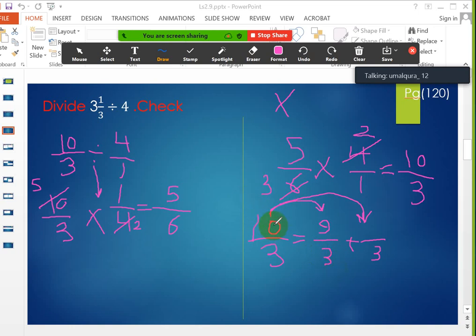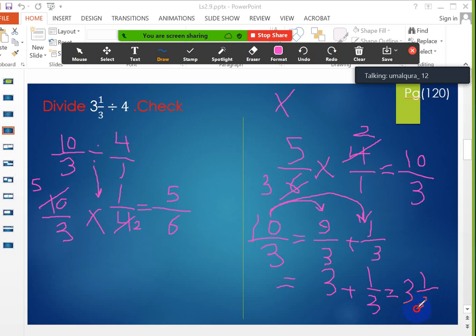Now, after you take 9, what's the number left from the 10? It's 1. So 9 over 3 equals what? 9 divided by 3 equals 3, plus 1 over 3. So look, the number as a mixed number will be 3 and 1 over 3.